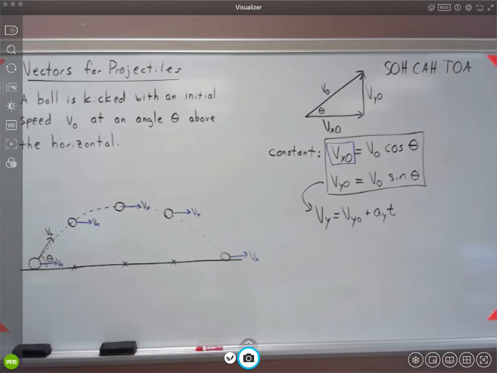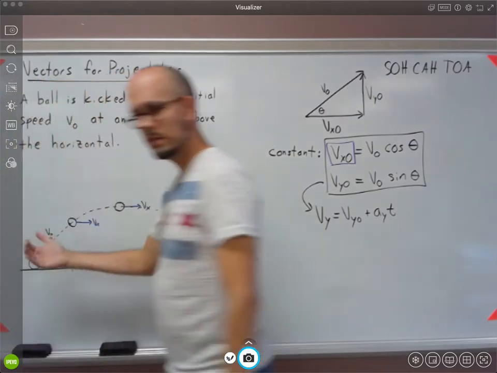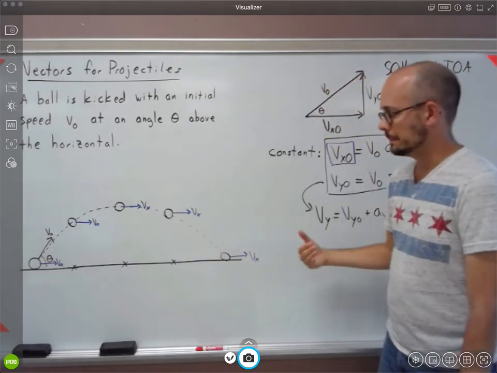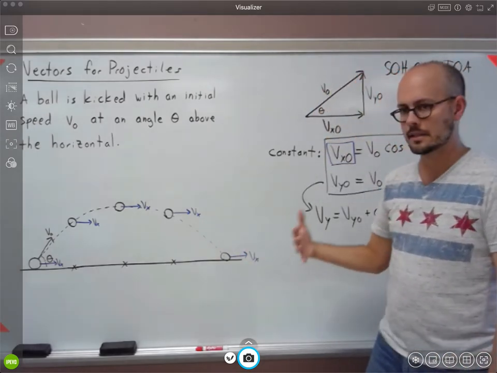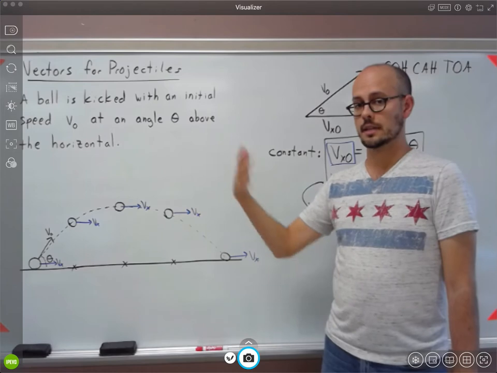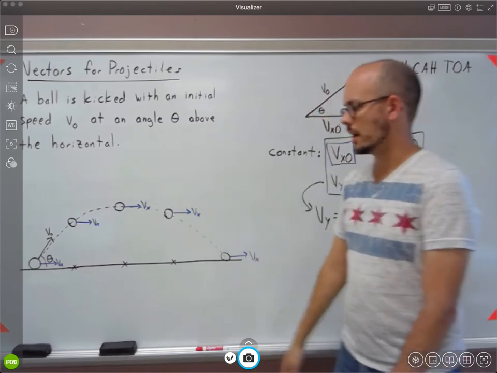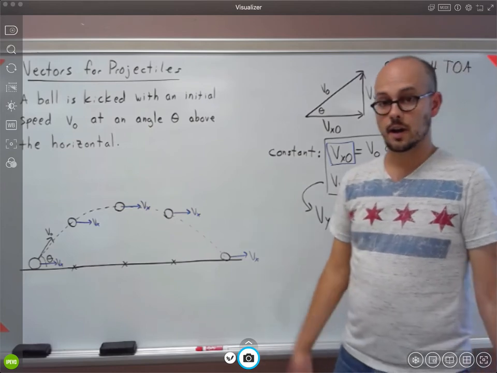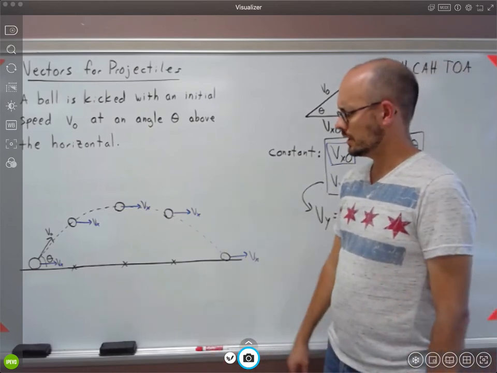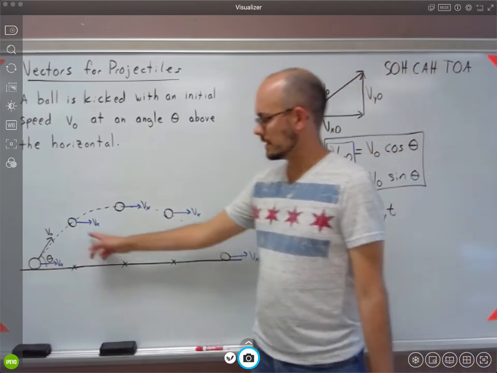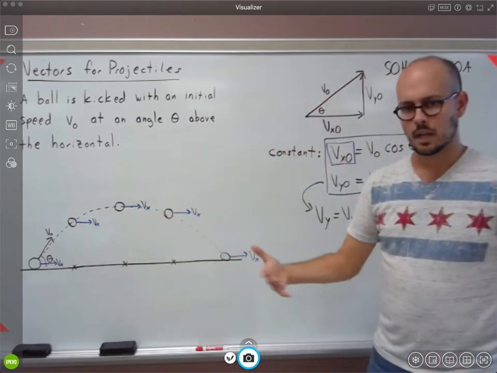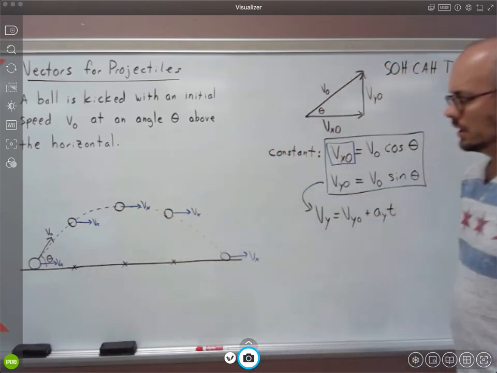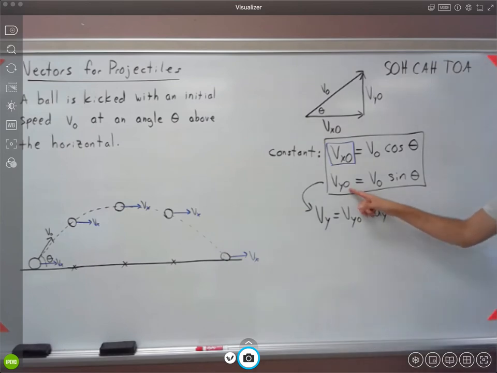The horizontal velocity never changes. It always points perfectly horizontal. When you kick something, it's just going to keep moving in that direction. Because of things like drag, it's going to slow down a little bit, but it's going to maintain mostly that same horizontal velocity. Vertical velocity is not constant.